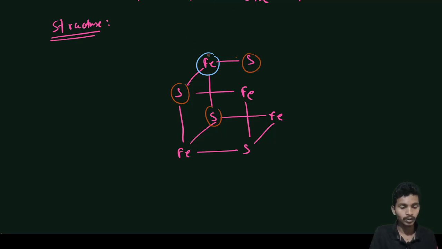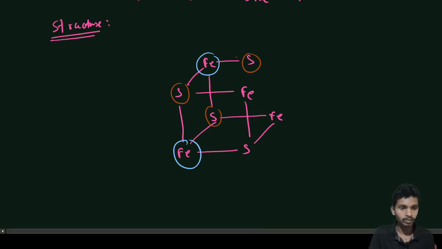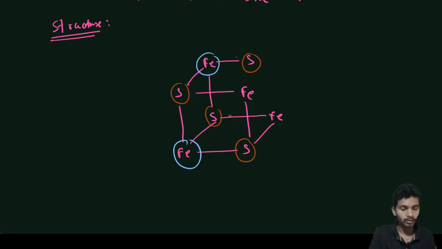So it has to be always 4 sulfurs. Okay, that we'll discuss later. For this 1, 2, and this is 3, and for this 1, 2, and for this 1, 2.